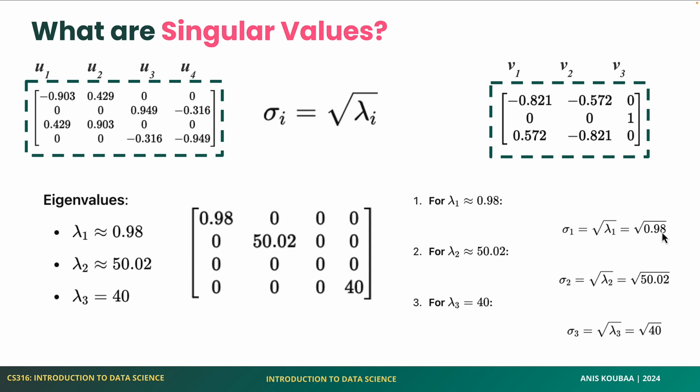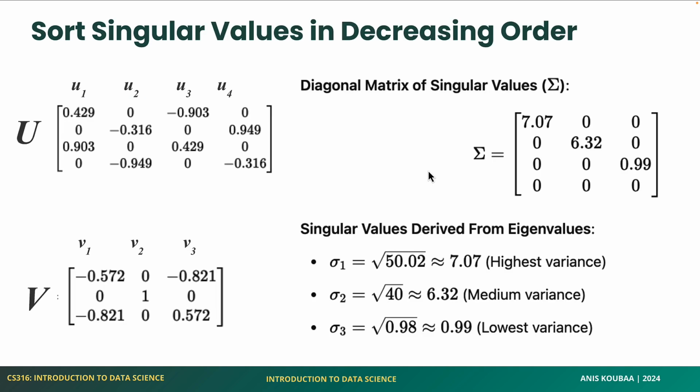So this is the square root of 0.98. Sigma 2, the second singular value, is the square root of lambda 2, which is the square root of 50.02. And here we have the square root of 40. So this gives us a diagonal matrix of singular values, which we denote as sigma. These are just definitions. Okay?